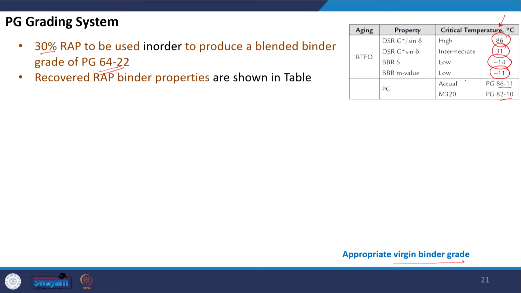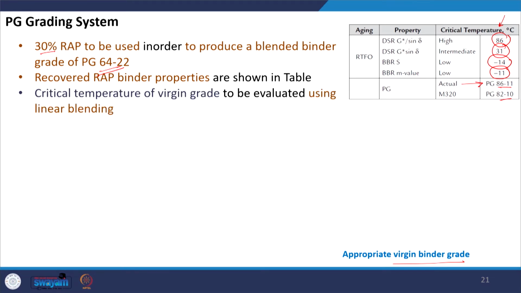Okay. But as I mentioned, we will use these particular temperatures to do our calculations. All right. So, before I show you the calculation, let us try to understand the linear blending process here without using any charts, just by hand calculation.